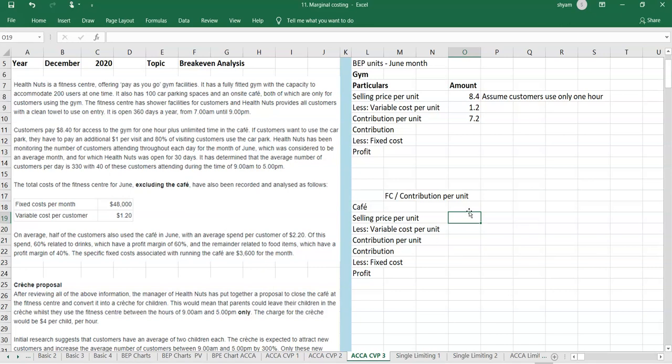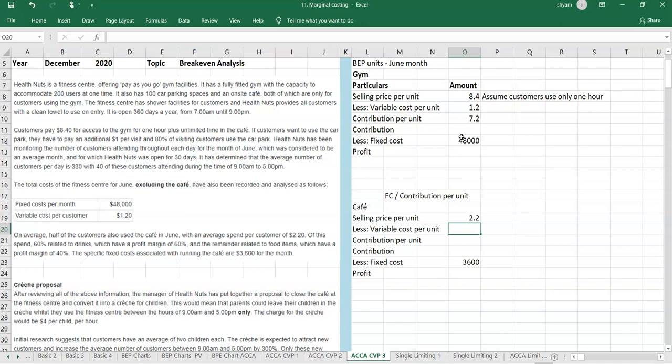So customers are spending 2.2, so that's the income for the company. Of this amount, 60% relates to drink, and the balance to food items. And the fixed cost, he says, is 3,600, and the fixed cost for the gym was 48,000.